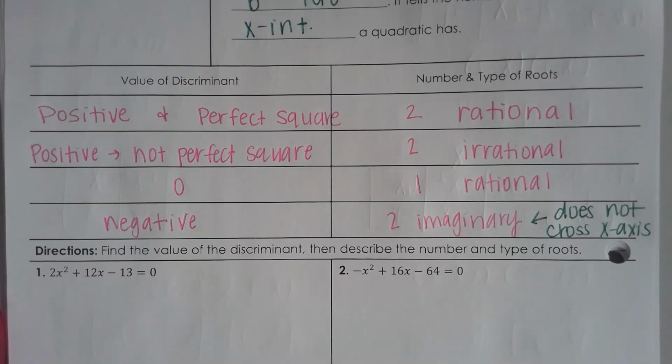We're going to talk about imaginary numbers in our next lesson, but it really doesn't cross the x-axis. Those x-intercepts are imaginary. So we have 4 examples here.